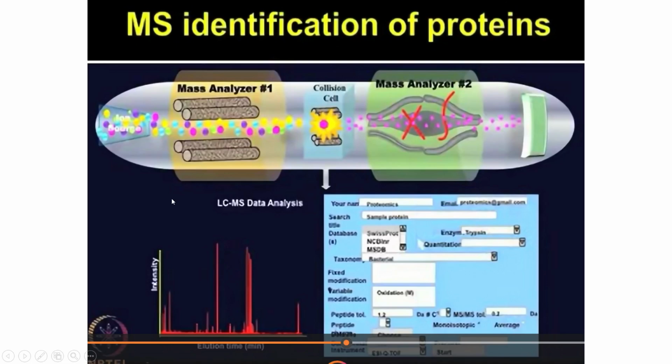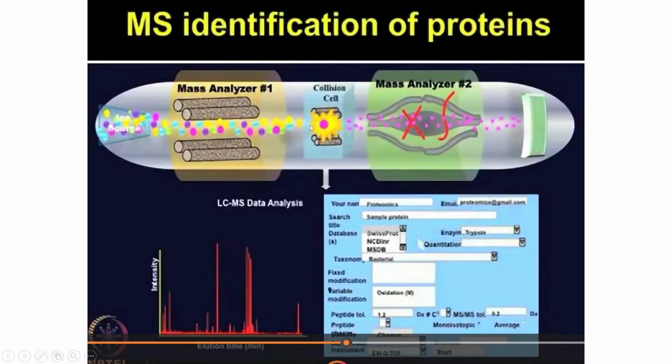For example, if there is one specific protein of 180 kilodalton, it will break into two components in MS1.